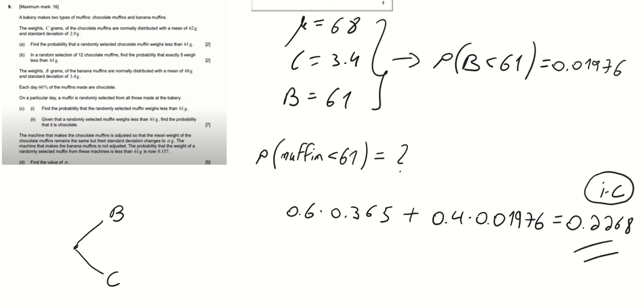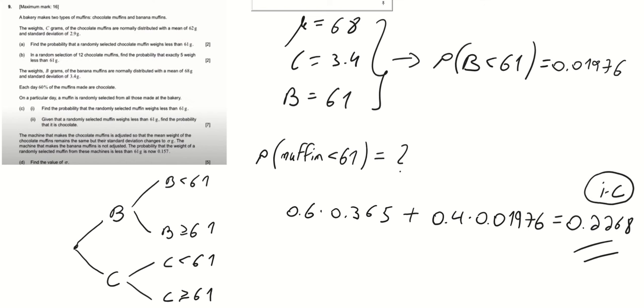And then if it is a banana, it can weigh less than 61 or more than that. And also for the chocolate muffin, it can weigh less than 61 or more than that.